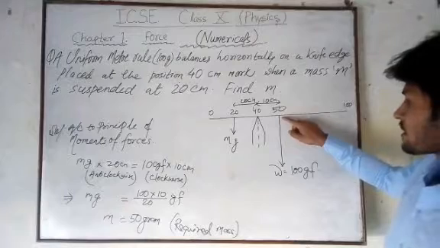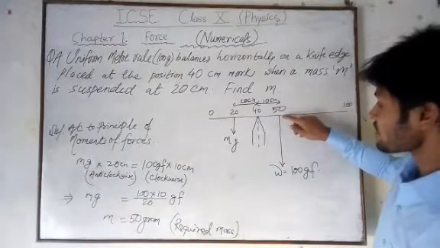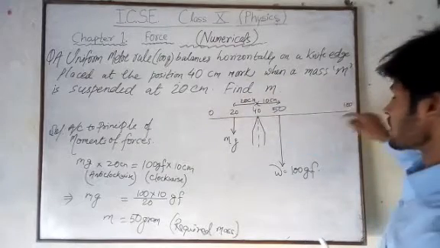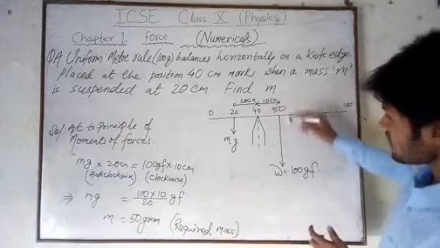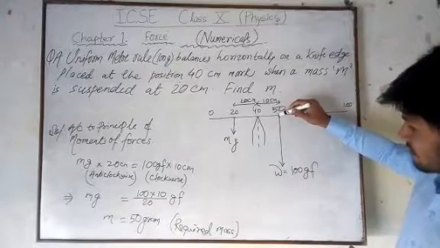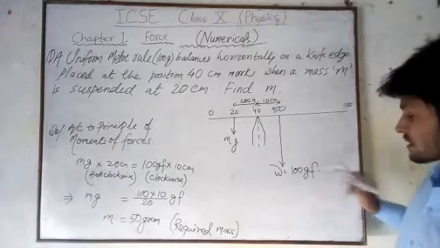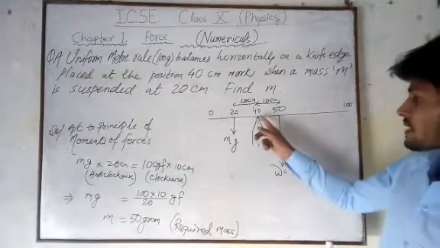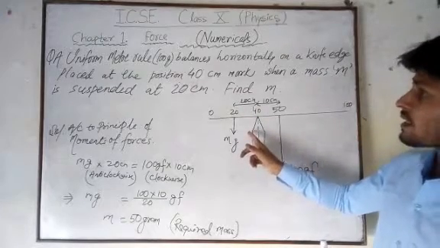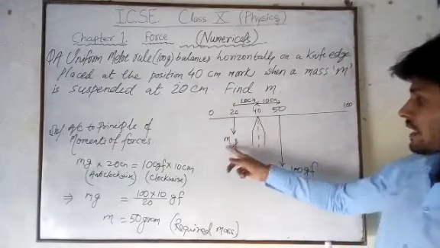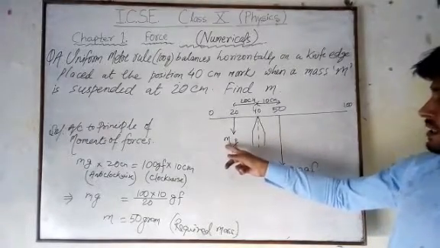This is 50 centimeter, the center of gravity, and the whole weight acts from the 50 centimeter mark, 100 gram force. Now the knife edge is at the 40 centimeter mark, and at the 20 centimeter mark the load mg is given. A mass m is suspended here, so the load is mg.